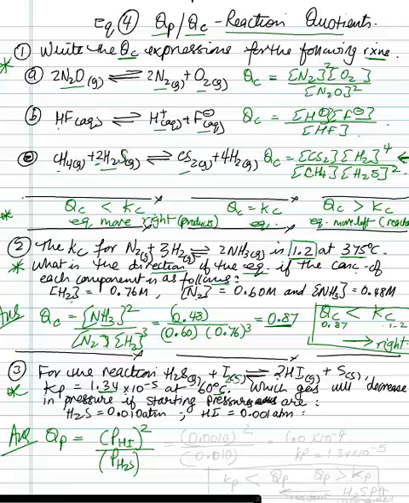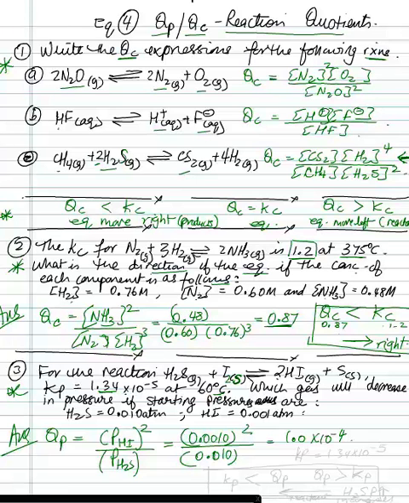The iodine here is a solid, and so that does not go into the equilibrium expression. I know, I have beautiful handwriting. Then we calculate the Qp for this, and that is 0.0010 squared divided by 0.010, and the answer is 1.0 times 10 to the negative 4.